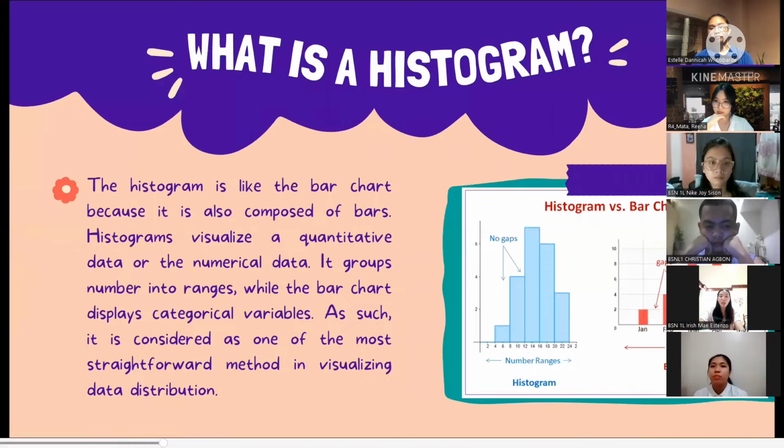The histogram is like the bar chart because it is also composed of bars. Histogram visualizes quantitative or numerical data. It groups the numbers into ranges, while the bar chart displays categorical variables. As such, it's considered one of the most straightforward methods in visualizing distribution.